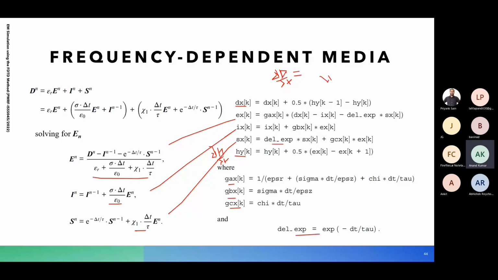Once we got the update equations, we simply wrote them for the computer. Now you can use these equations directly to simulate a frequency dependent media.